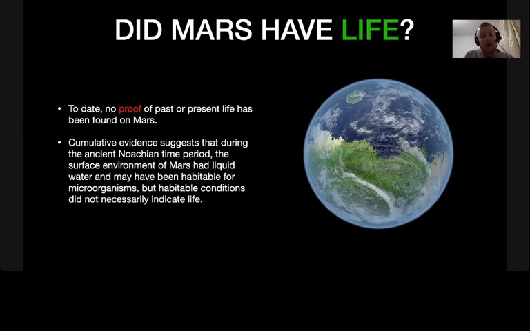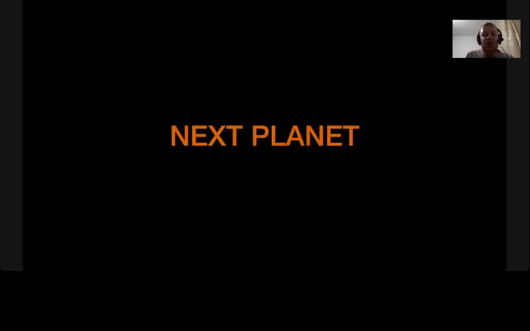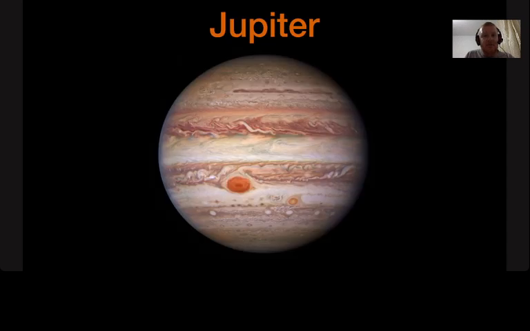So now we're going to talk about the next video, and I'm pretty sure you can all guess what the next video is. Maybe not, but I'm going to say it anyway. The next video we're going to talk about is Jupiter. Maybe you all guessed it, maybe not.